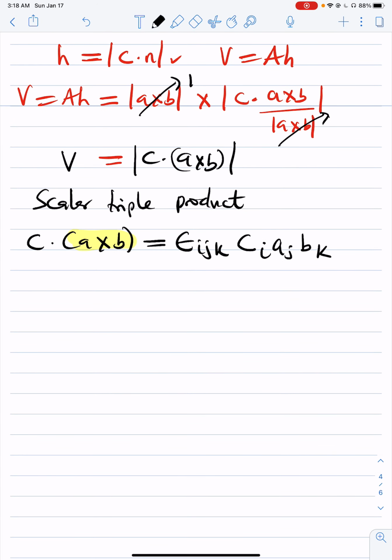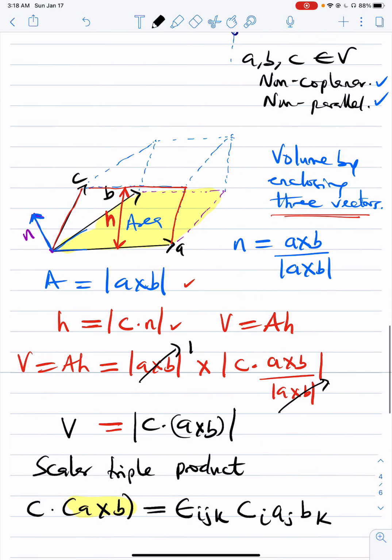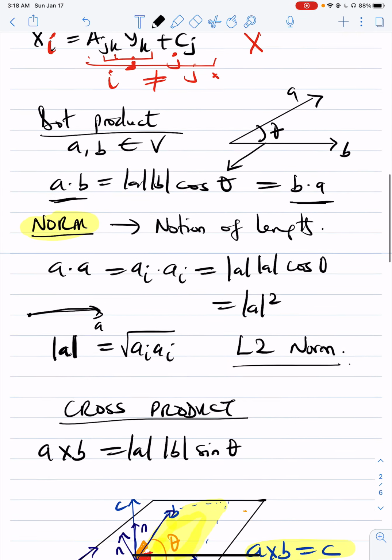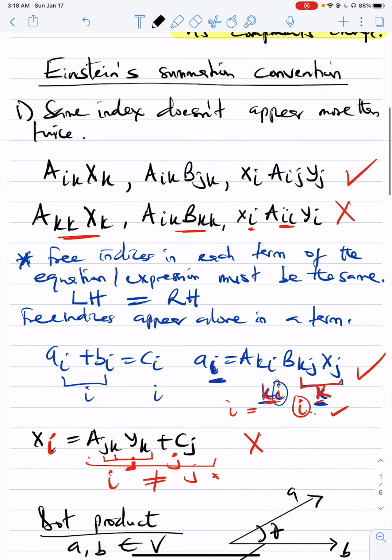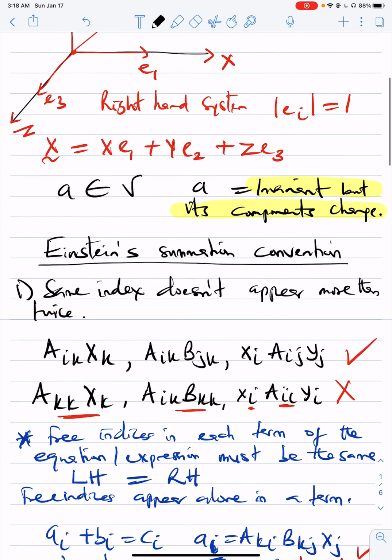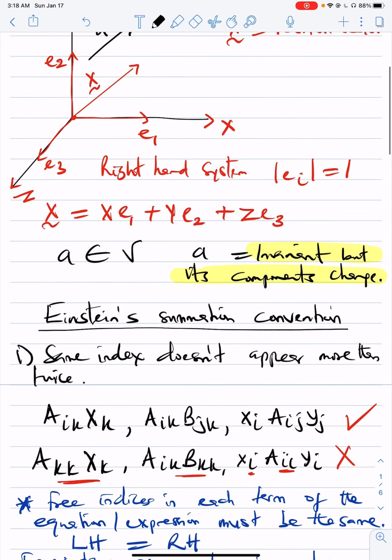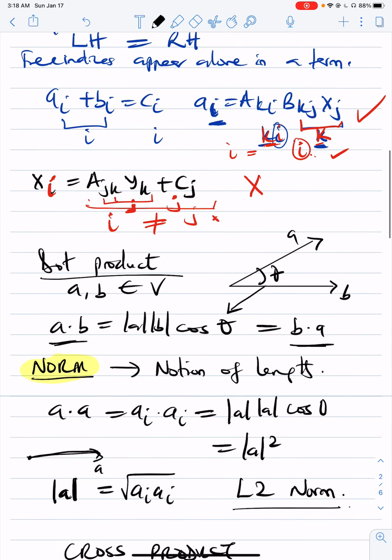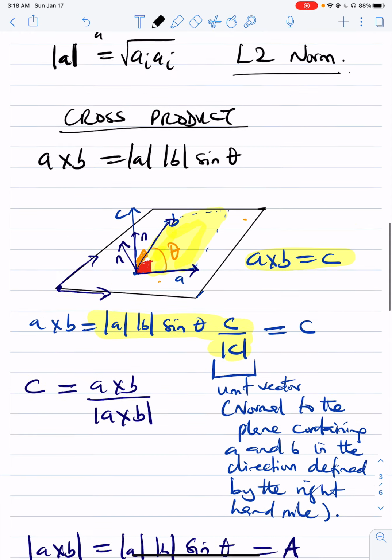If you remember the earlier expressions, A cross B, A cross B. Did I write that out here?